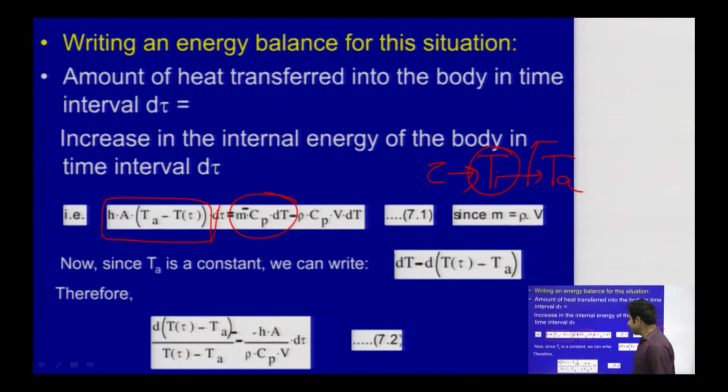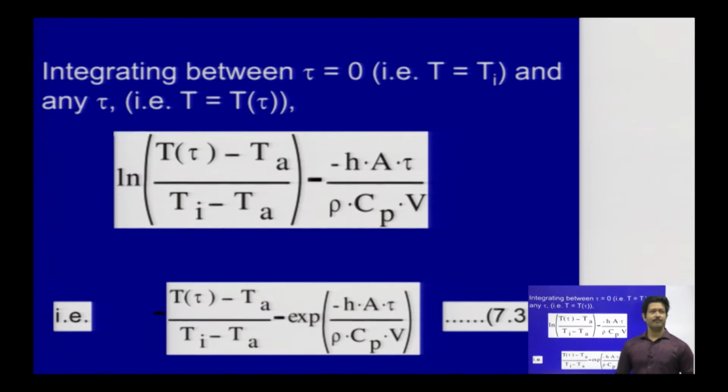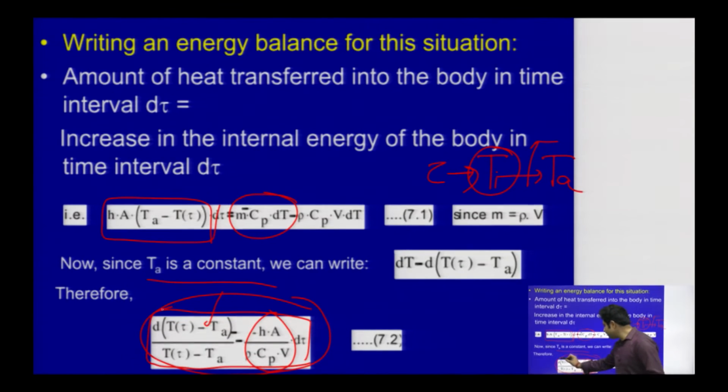Now since Ta is constant, we can club it like this. When Ta is constant, we can rearrange it, and we get this equation, a very important equation for this particular topic. So this hA by rho CpV, let's go ahead and integrate it, because we have these d terms.